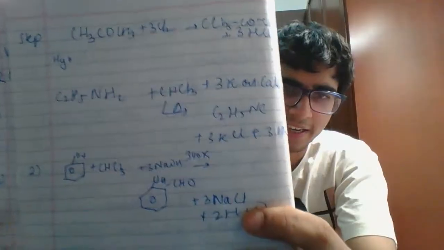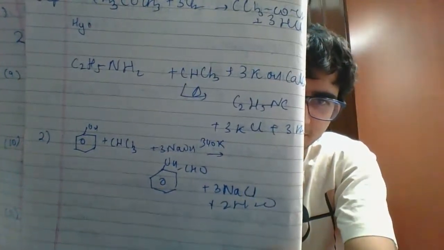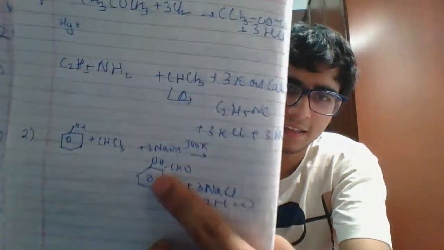So phenol plus CHCl3 plus 3 NaOH heated at 340 Kelvin. You get OH plus CHO, 3 NaCl plus 2 H2O. This is the reaction. This is salicylic aldehyde.